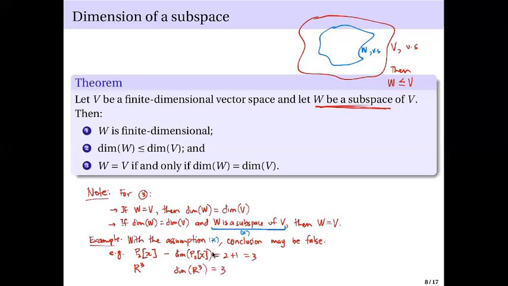So these two guys here have the same dimension, but they are not equal. So take note of that. Dimension of W equals dimension of V, then W equals V. So without this condition, this may be false. P2 is not the same as R3. Questions?